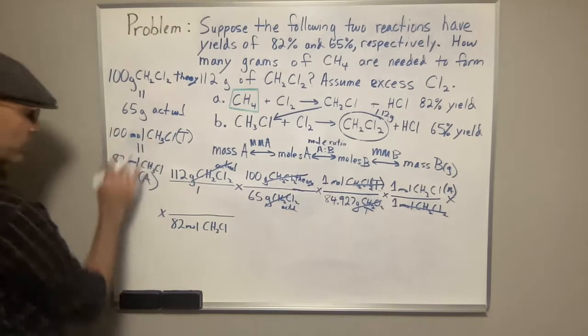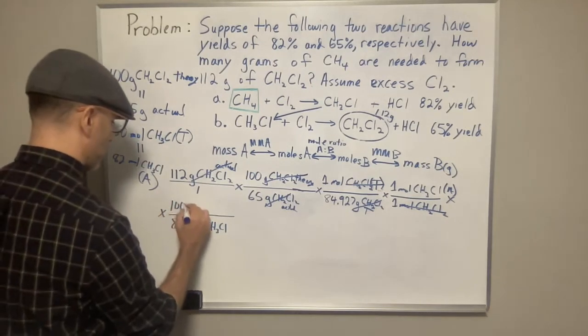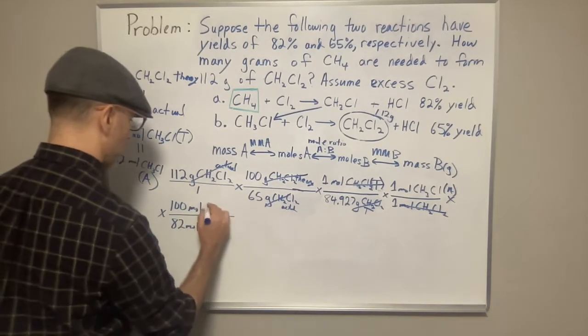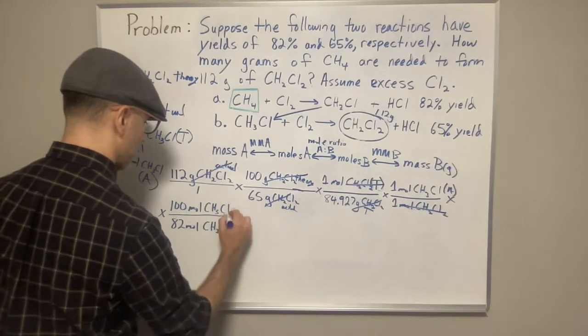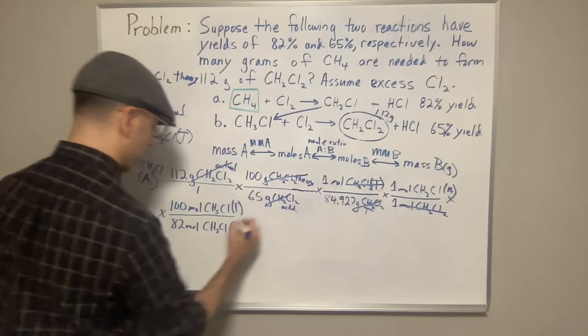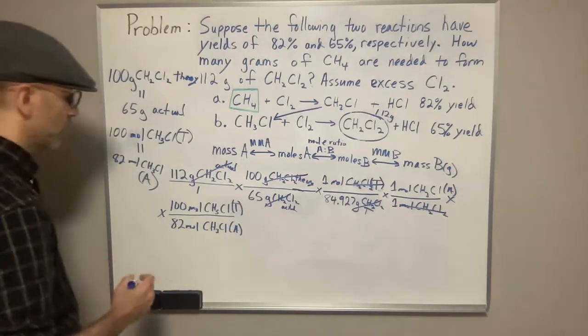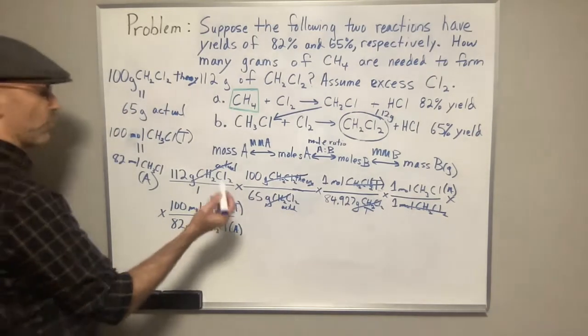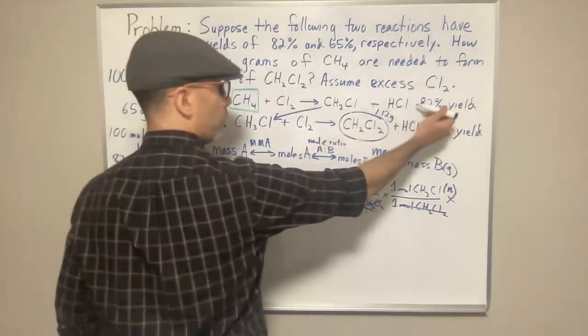And then the theoretical is going to go on top, so 100 moles of CH3Cl. So this is actual, and this is what I should have gotten in theory.